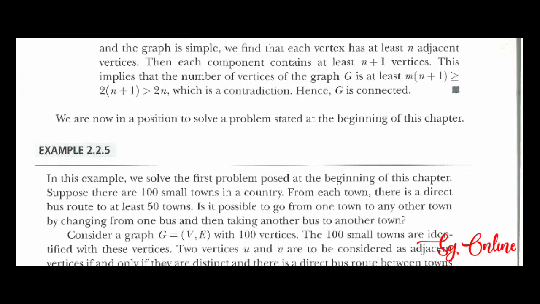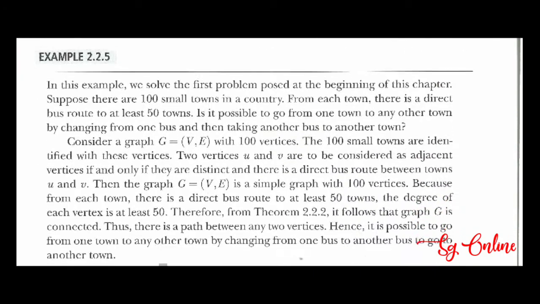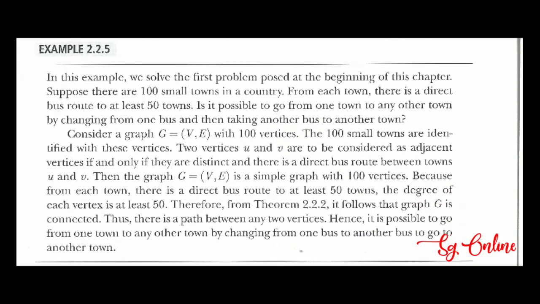A very important application that you can get from this simple result: suppose you want to make some bus routes in a country, and suppose there are 100 small towns in the country, and you want to make the bus routes in such a way that from one town to another one can go by changing buses, if possible.